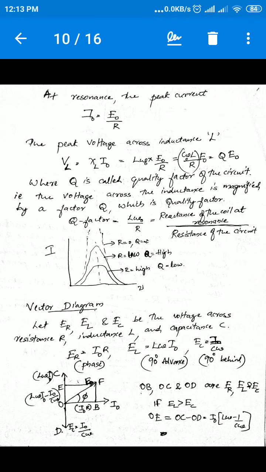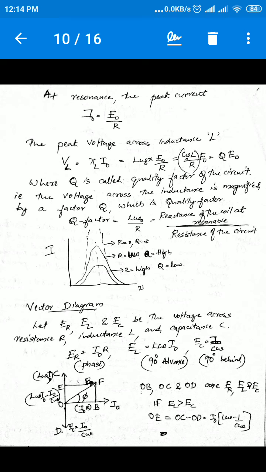The resultant voltage: these two voltages EL and EC are in opposite directions, isn't it? So if the value of EL is larger than EC, the effective voltage will be along the OE direction. See, OE is the difference in this voltage, L omega I0 minus I0 by C omega, which is the resultant voltage along this OE direction or OC direction.